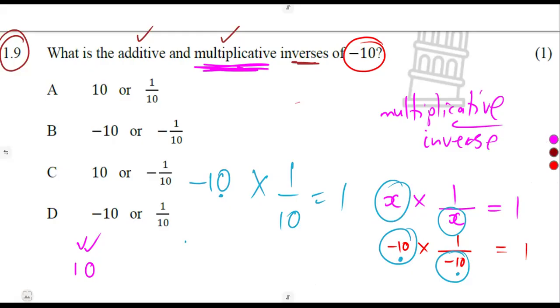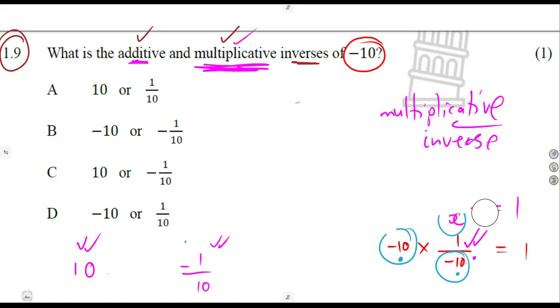Meaning to say the multiplicative inverse of minus 10 is what? 1 over minus 10. But like I said, 1 over minus 10 is the same as what? Minus 1 over 10. So these are the answers that we want, guys. The first one must be 10 for additive inverse. The second one must be minus 1 over 10 for what? Multiplicative inverse.